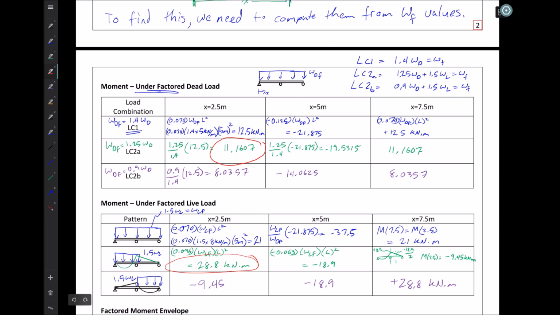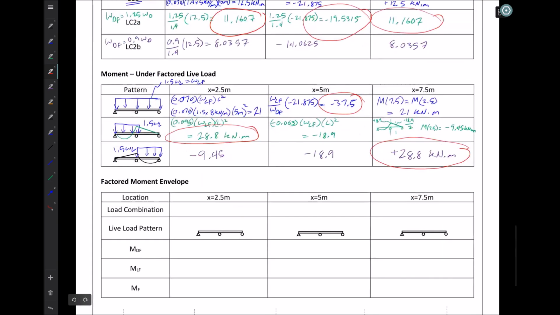And in the middle of the beam, at x equal to 5 meters, I'm going to take the same load combination 2A, but now add to it 37.5, from both spans equally loaded. And over here, I can take that same value and add to it 28.8 from the right-hand span load. So let's put that in our table down below and finish this problem off.